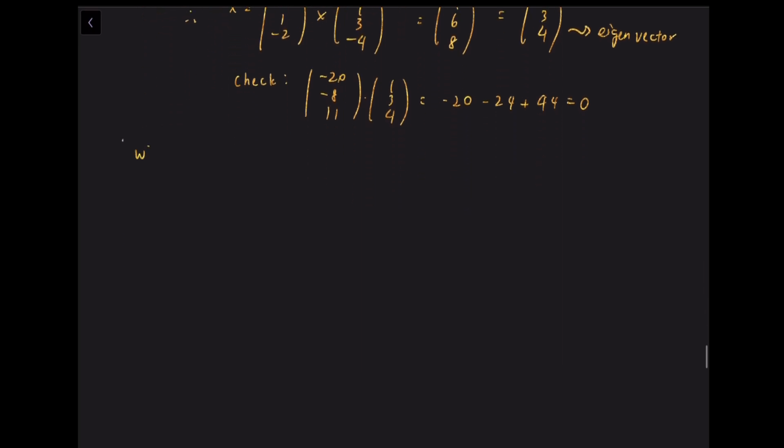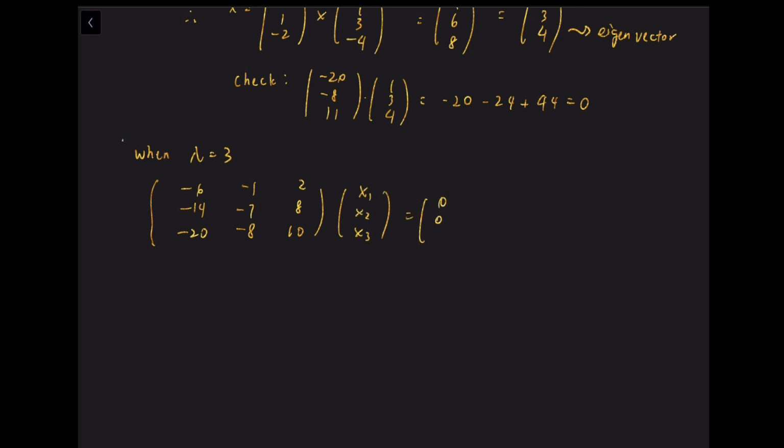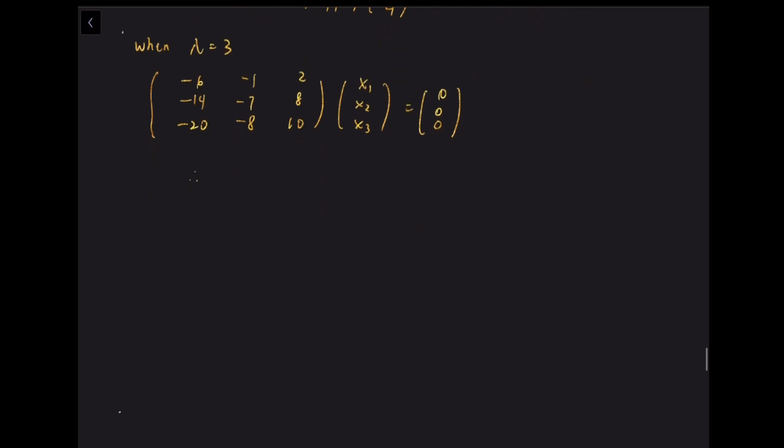When lambda equals 3, the new matrix is [-6, -14, -20; -1, -7, -8; 2, 8, 10]. Hence, the third eigenvector is (6, 1, -2) cross (14, 7, -8).